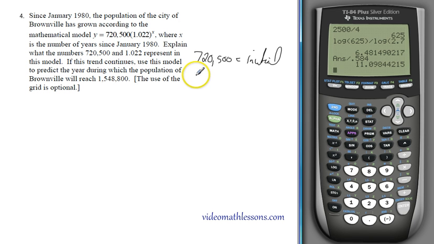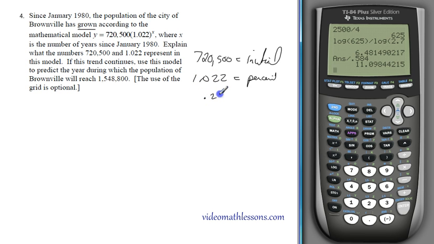But what's this 1.022? Well, that's the percent increase. And it depends if it's an increase or a decrease. Now, notice this problem uses the word grown, so it means it's an increase. So this is the percent. Well, not really the way it's written. First off, if it's above 1, that means it's going to go up. So I really want just this decimal part.